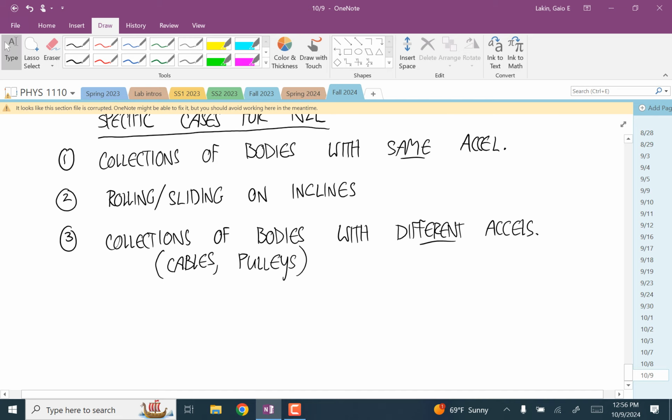So today I'm going to start with collections of bodies that have the same acceleration.